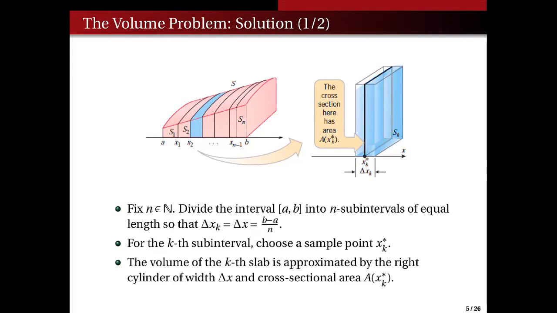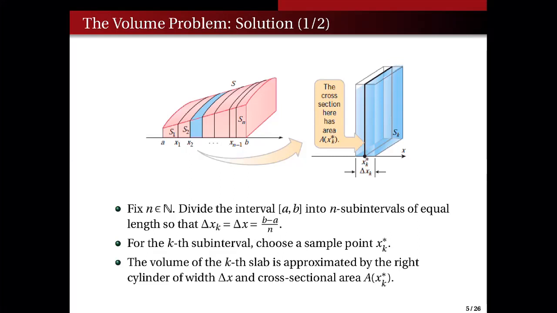The volume of the kth slab will be approximated by the right cylinder. This is just your rectangular box, so it's a right cylinder. The thickness is delta x, that's your width here.